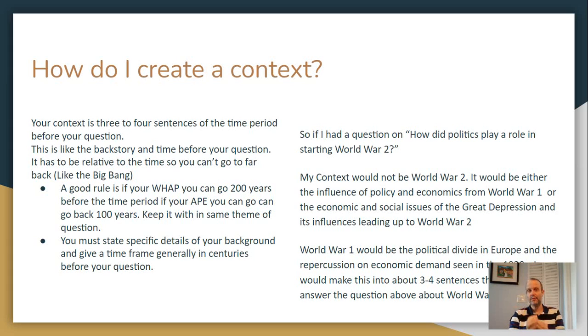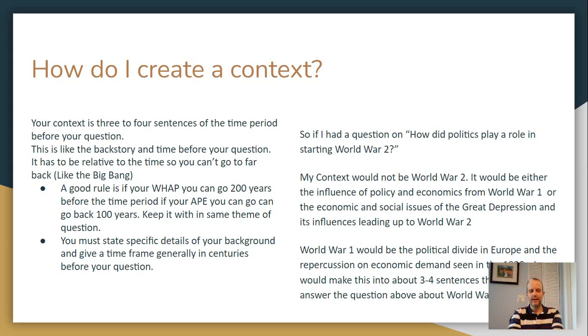And it gives you the time and place of what happened before that influenced the time that you're doing your question on, right? So for instance, the French Revolution is a good point for both AP World and AP European History. You got a question on the French Revolution. Your first 3 to 4 sentences in your introduction are not about the French Revolution. What you really want to do is build up before that time that basically answers the question.